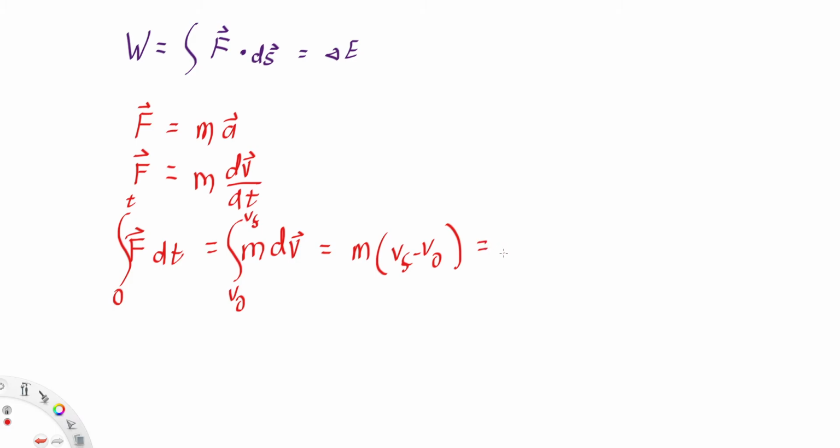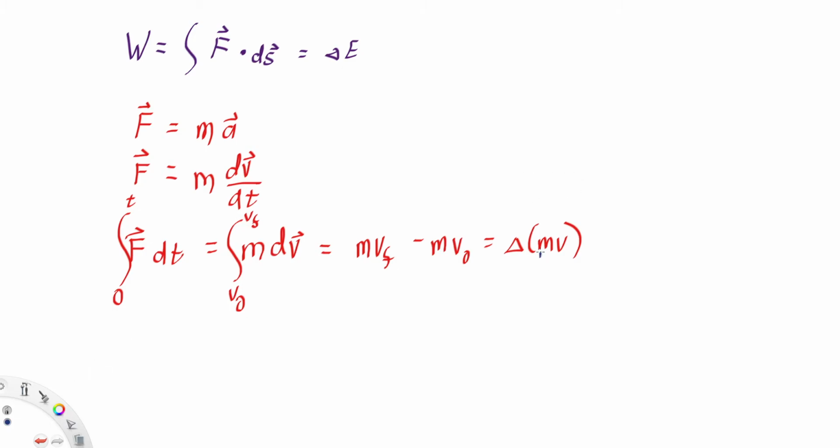Which we might write down as m delta v, but instead of factoring out the m, I'm just going to leave it on the inside. So we'll get m v final minus m v initial, and I'll write that down as delta quantity mv.